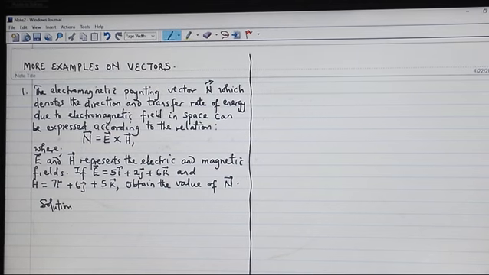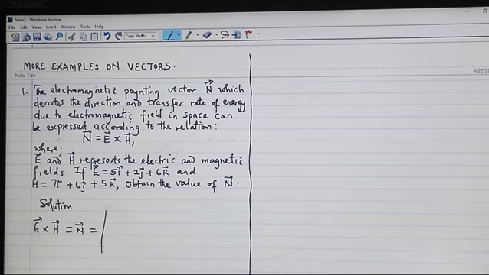Now E cross H, zooming on to find the determinants, gives us n, which can be expressed as this.